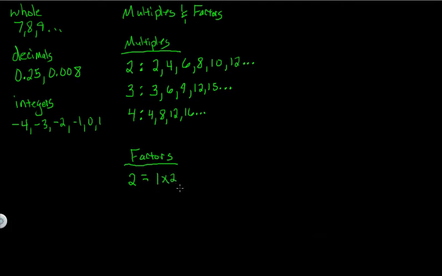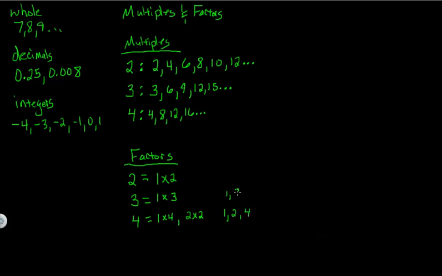The factors of 3 are 1 and 3, because the only two whole numbers that you can multiply together to get 3 are 1 and 3. The factors of 4 are, we can say 1 times 4 will give us 4, but we can also say 2 times 2 will give us 4. So the factors of 4 are 1, 2, and 4.